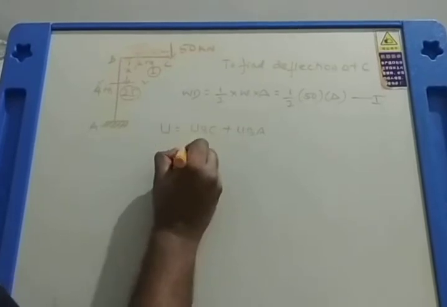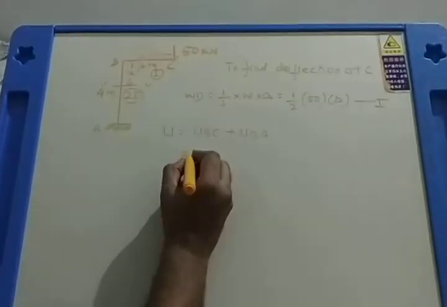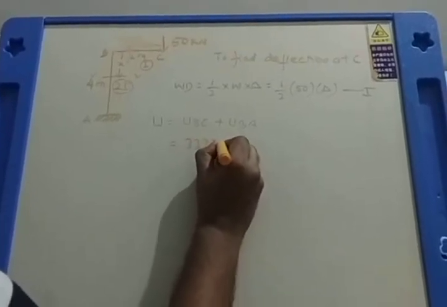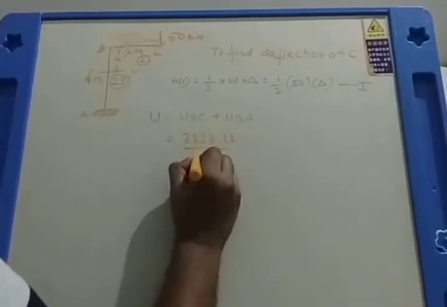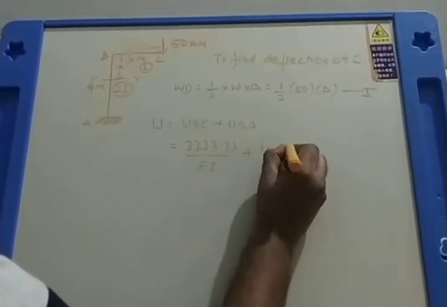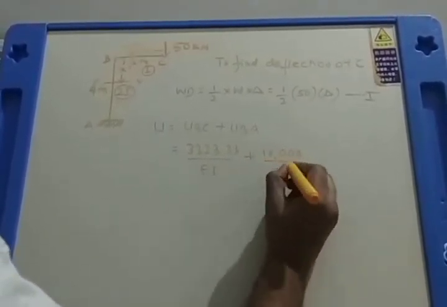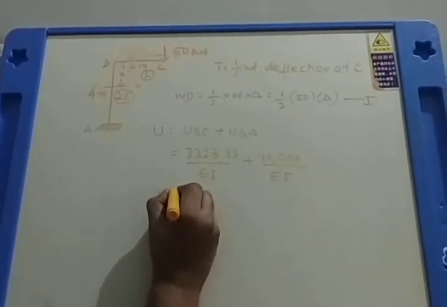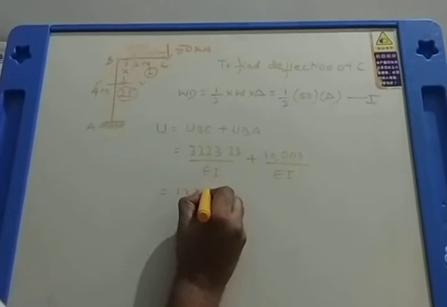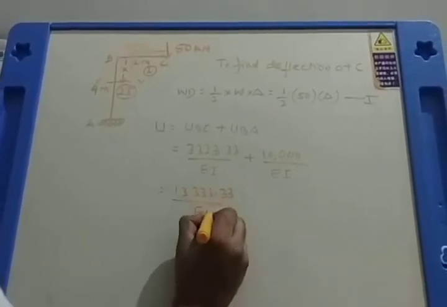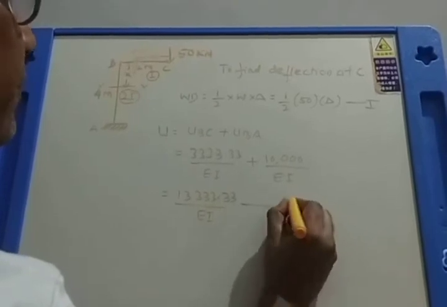You know UBC, we had found out that was 3333.33 upon EI, and UBA just found out 10,000 upon EI. So it will be how much? 30,333.33 upon EI. So call this equation 2.